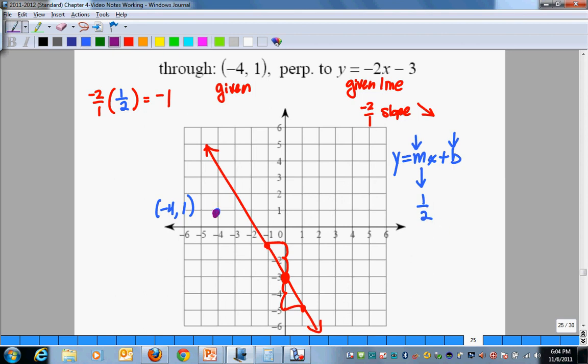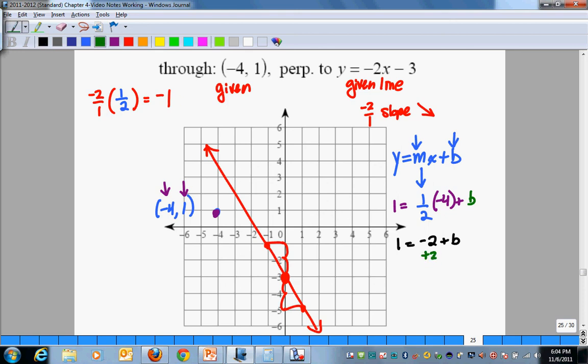Now we have a given point here, so we're going to plug that into y and x. So for y, we're going to have 1. For x, we're going to have -4. And then we're going to solve for our unknown, which is b. So this is 1. 2 goes into -4, -2 times, plus b.